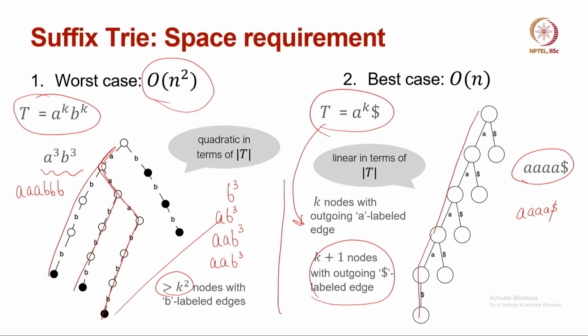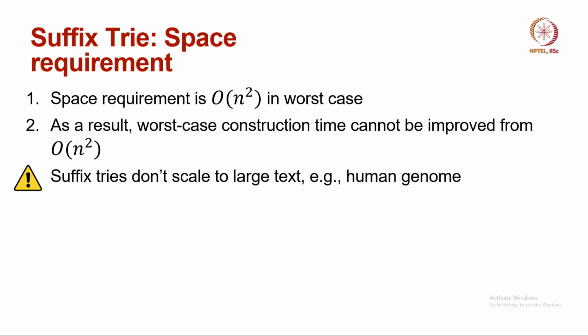So in the worst case the suffix trie data structure requires order n square space. This is a bad thing.